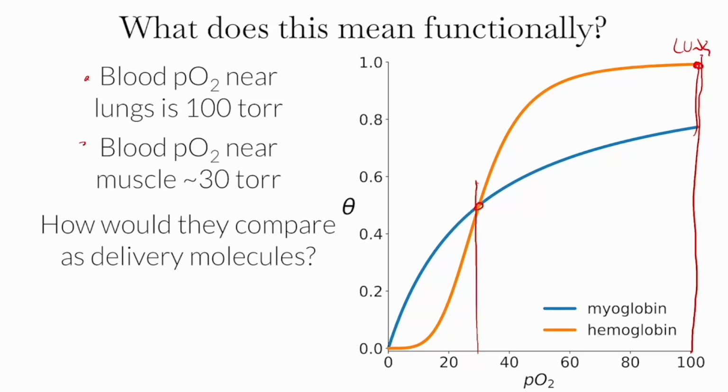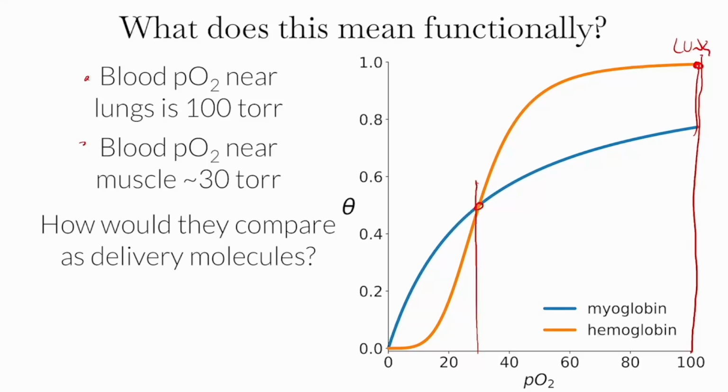So how would these compare as delivery molecules, right? So my hemoglobin is a delivery molecule. Myoglobin isn't, but if we pretended it was a delivery molecule, how good would it be compared to hemoglobin? How would you even think about that? So maybe pause and think about that for a moment. Would they be the same or different as delivery molecules for oxygen?